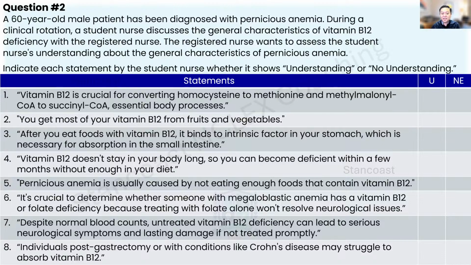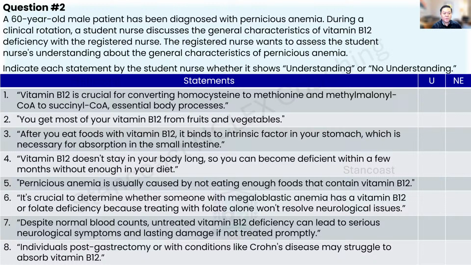So your task here is to indicate for the statements from 1 to 8 whether each shows understanding or no understanding about pernicious anemia, which is basically a cause of vitamin B12 deficiency. The first statement: vitamin B12 is crucial for converting homocysteine to methionine and methylmalonyl CoA to succinyl CoA, essential body processes.